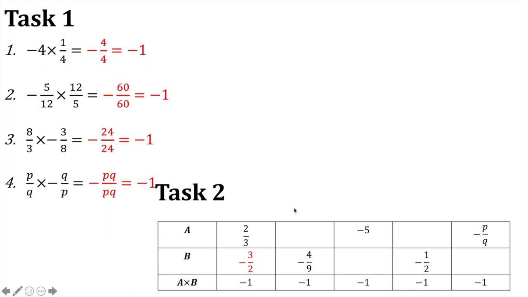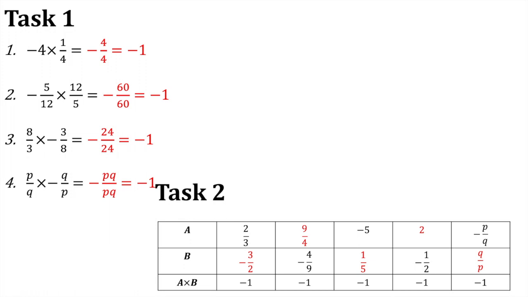So that carries on. For A, we should have had 9/4. B in the third one, we should have had 1/5. A in the fourth one is 2. And B is Q/P. So hopefully you managed those.